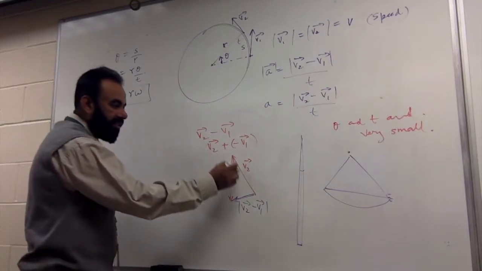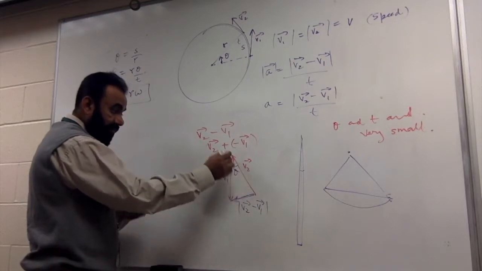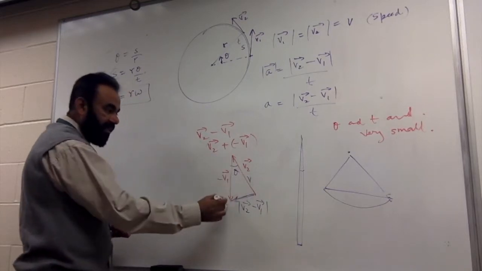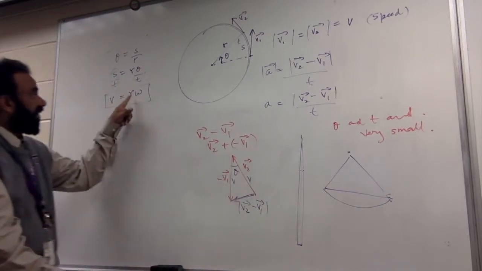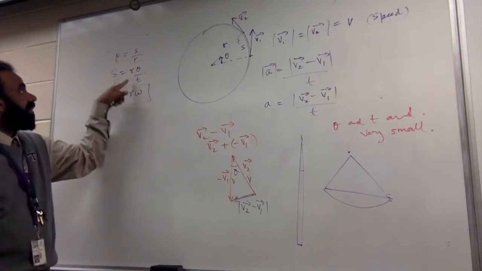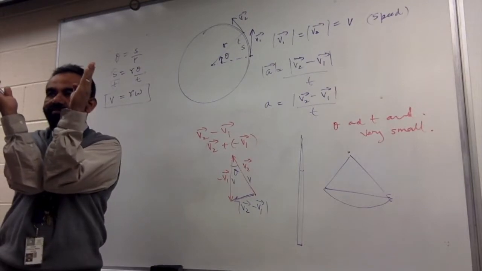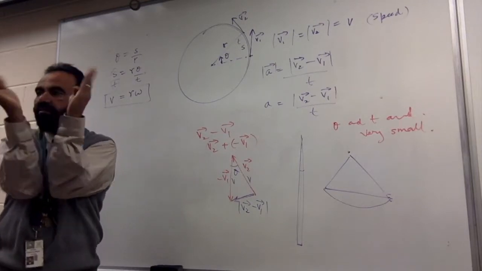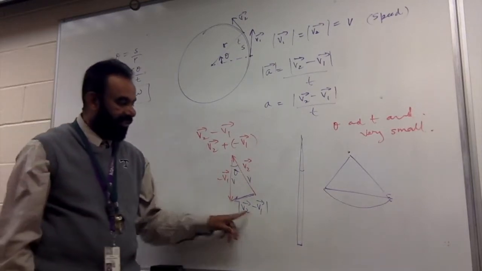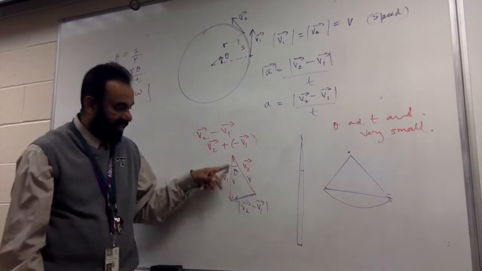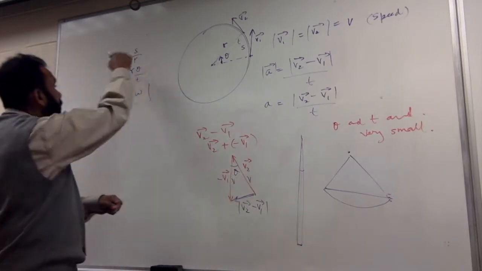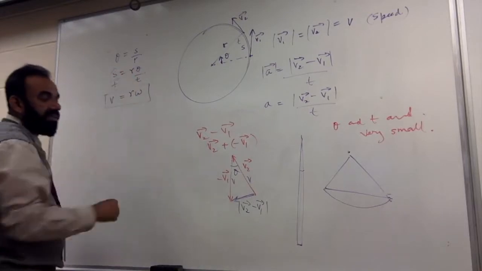What's the magnitude of this line? V. What's the magnitude of this line? V. It acts like a radius. This V and this V are acting like radii, and that is the arc length. So this is like the radius, this is like the radius, and that's the angle theta. So we have S equals R theta, that concept.